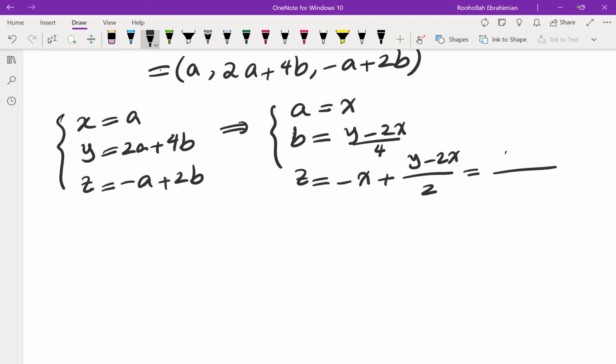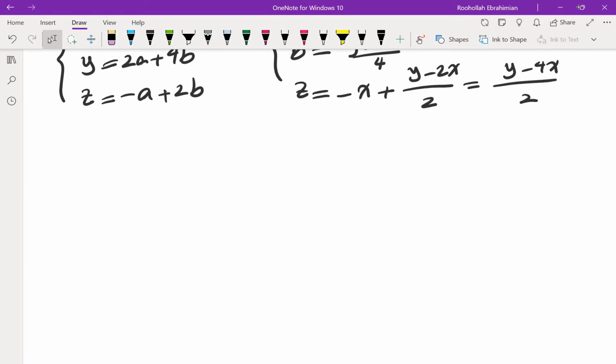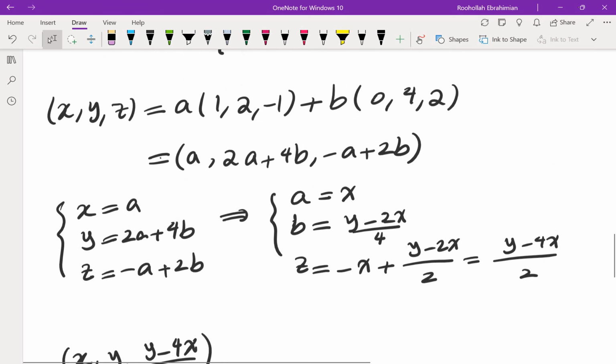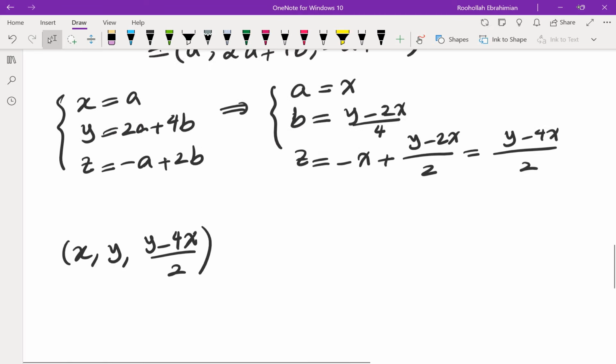This would give me (y - 4x)/2. So it looks like the row space would give you all of the (x, y, (y - 4x)/2). Everything of this form can be written as a linear combination of these two vectors, and everything that is a linear combination of those two vectors is of this form.